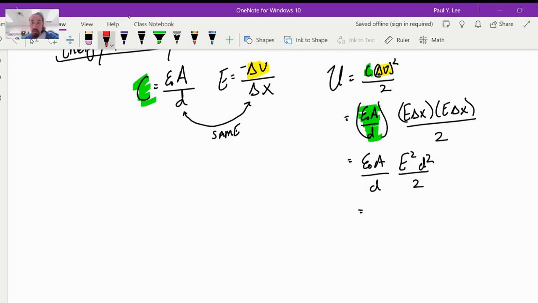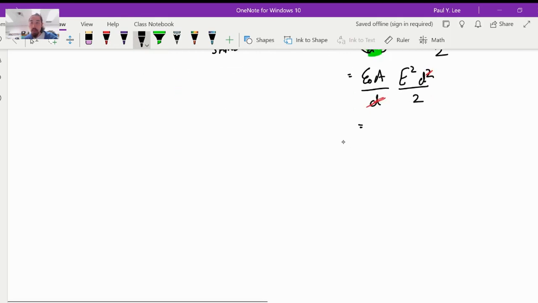So we see one of the D's in the denominator cancels out with one of the D's in the numerator. And our final formula that we end up with is a half of epsilon naught A D E squared is equal to the potential energy for the capacitor. Okay. I forgot a D there.